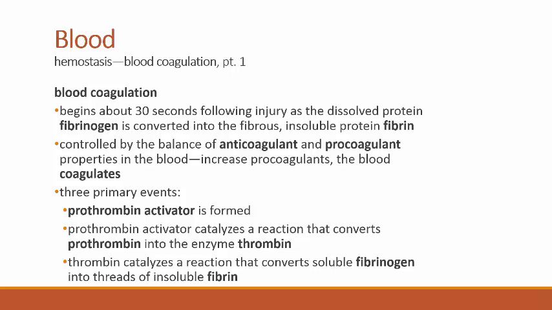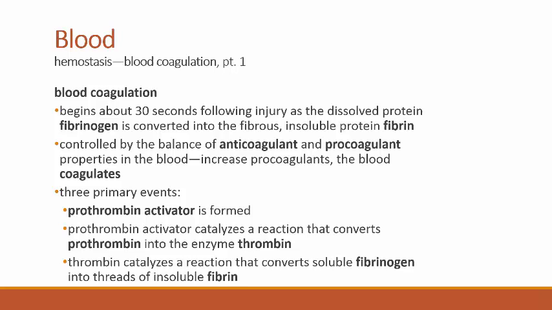It occurs over the course of three major events. Now, there are many steps in this process. The book outlines all the steps, and in a second we'll talk through some of them. But there are three primary events that occur.